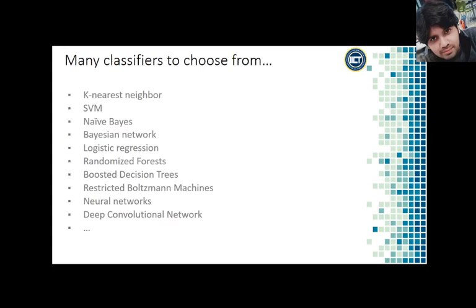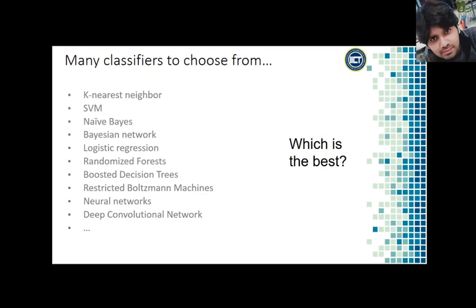There are many classifiers to choose from. You can choose from k-nearest neighbor, SVM, naive Bayes, Bayesian network, logistic regression, random forest, boosted decision trees, restricted Boltzmann machines, neural networks, deep convolutional networks. But if you ask which is the best, I will again refer you to the no free lunch theorem.